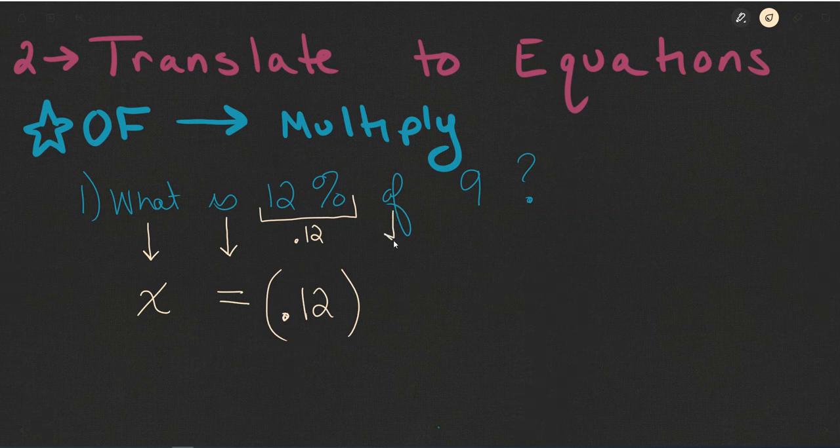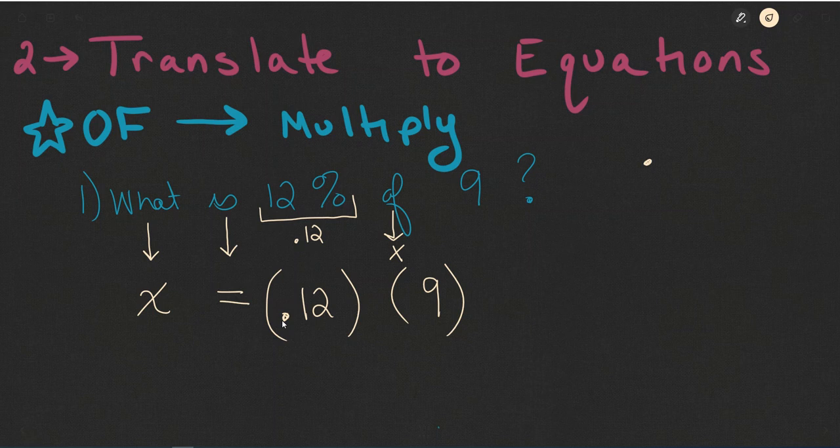Of always translates to multiply or times, and I can show multiplication by writing this next to each other rather than inserting an X. You see that if I insert an X for times, it could be confusing with the X variable. If I inserted a dot for times, it could be confused with the decimal.